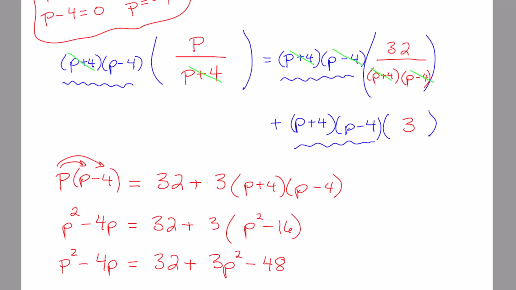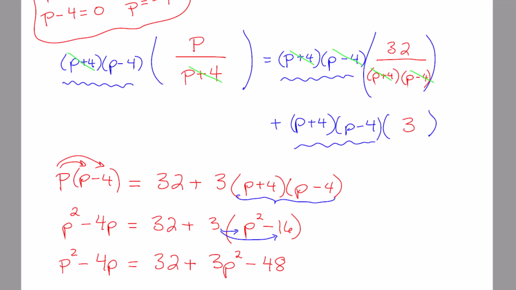Let's see, p times p squared minus 4p, got that, 32. Well, remember this stuff, when it was multiplied, was p squared minus 16. So let me distribute in the 3, and I've got 3p squared minus 48.